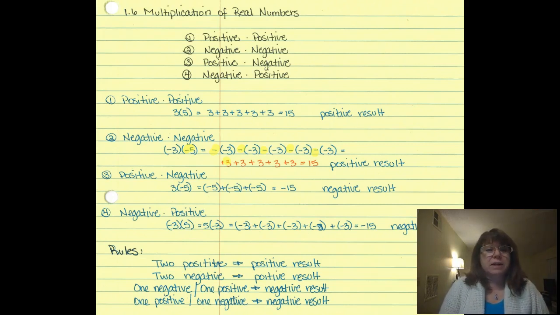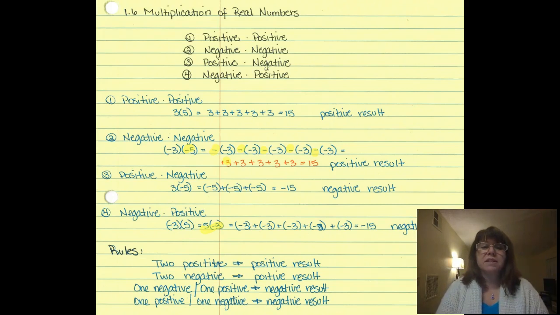And then a negative times a positive, the cool part about that is the commutative property means I can switch it around. So a negative 3 times 5 is the same thing as 5 times negative 3. I write negative 3 five times, add them up together, and I get negative 15 as the result.